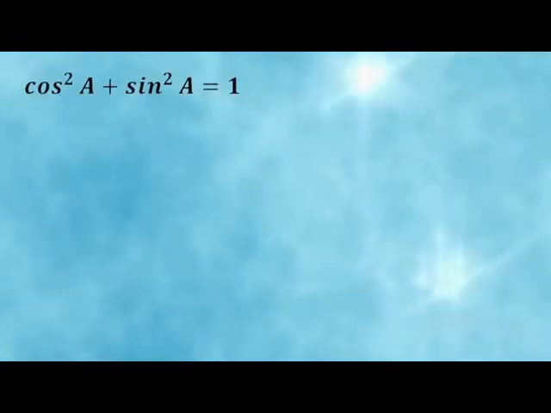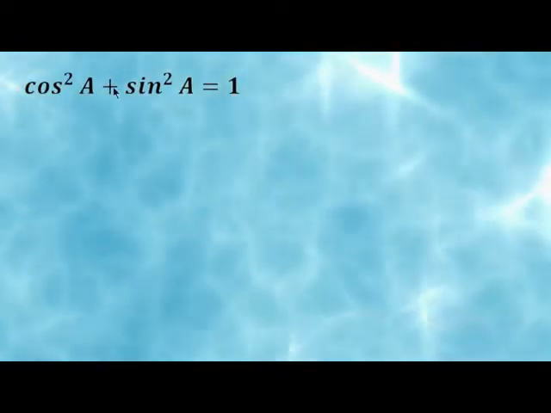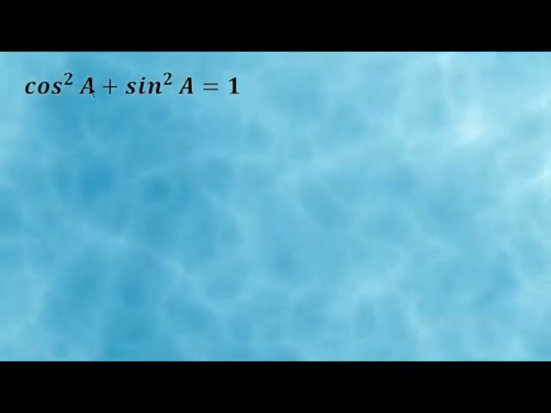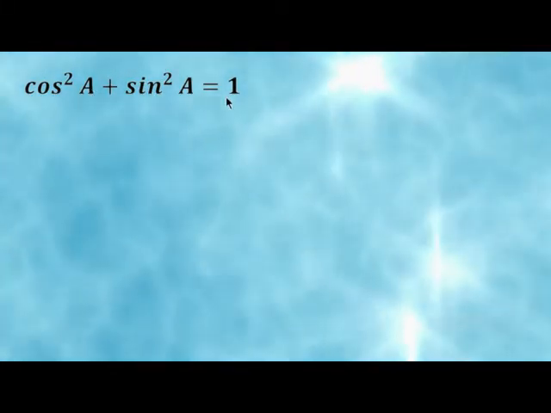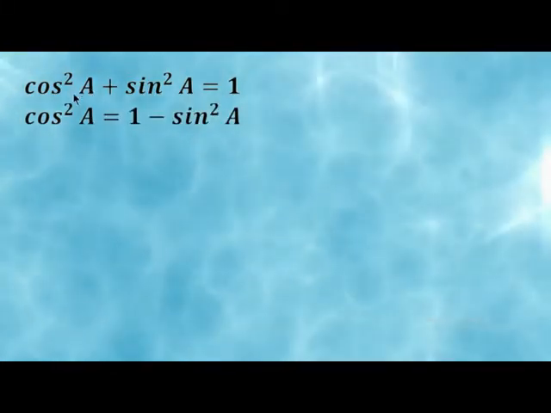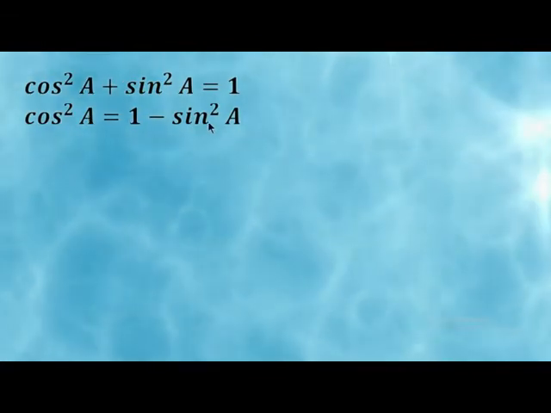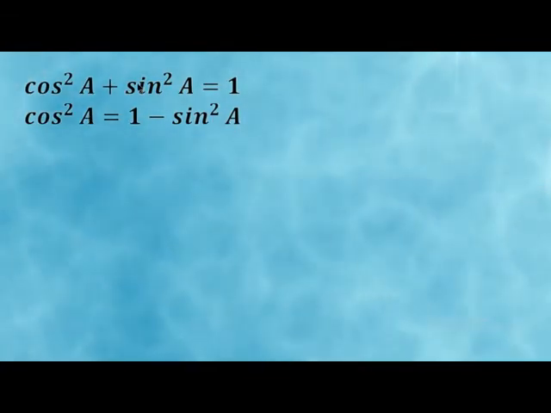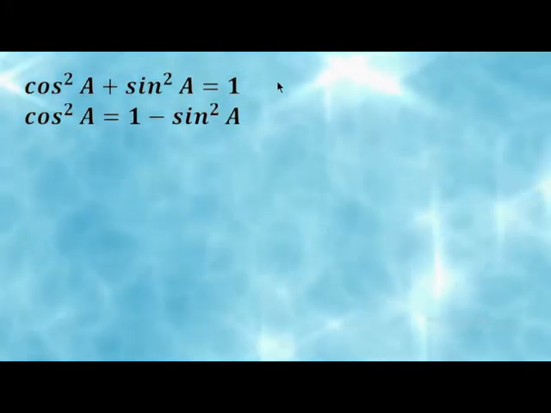So we know that cosine square A plus sine square A equal to 1, which A is the angle. Based on this identity, we can find the formula of cosine square A equal to 1 minus sine square A. You simply just move sine square A to this side, it becomes negative.